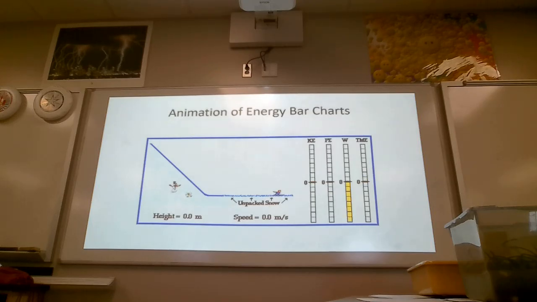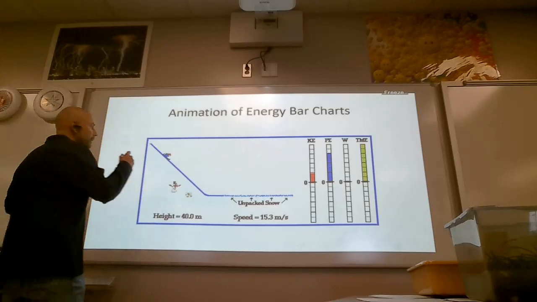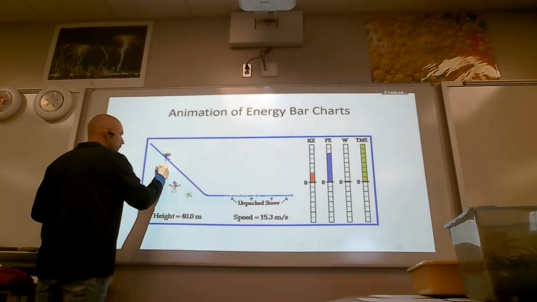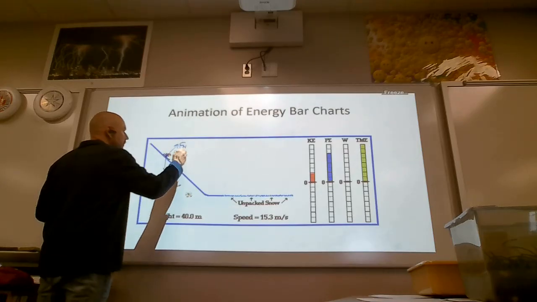So while it's up here, the free body diagram of the skier, you have force of gravity and normal force.